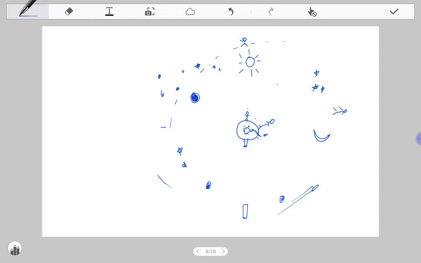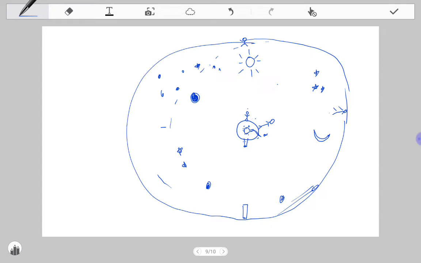Okay, and if you join all the projections like this, it will be like a sphere similar to our earth. In this sphere, all the celestial objects like stars, planets, moon, sun, everything will be included.